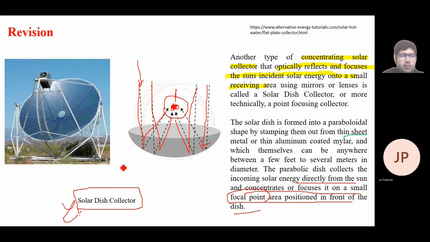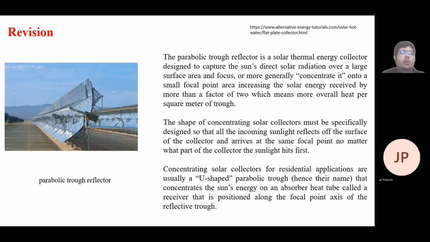Now let's come to the next slide. So this is the parabolic trough reflector. It's again a different method. The parabolic trough reflector is a solar thermal energy collector designed to capture the sun's direct solar radiation over a large surface area and focus.